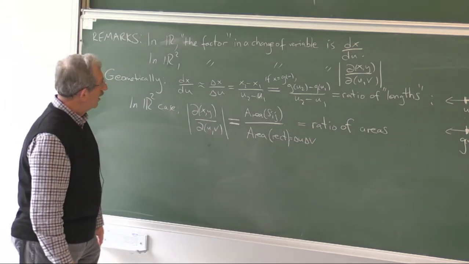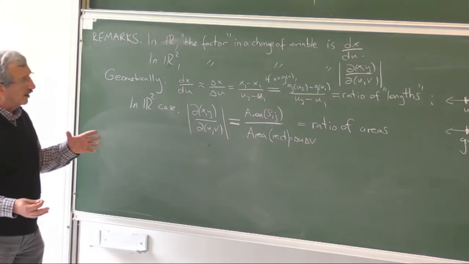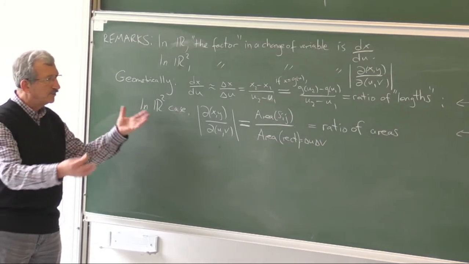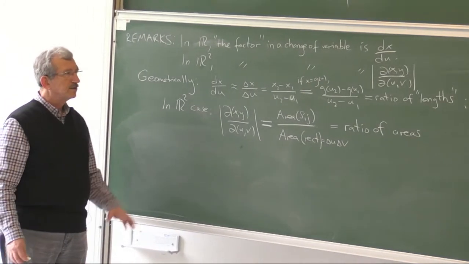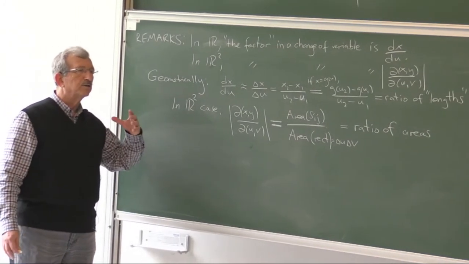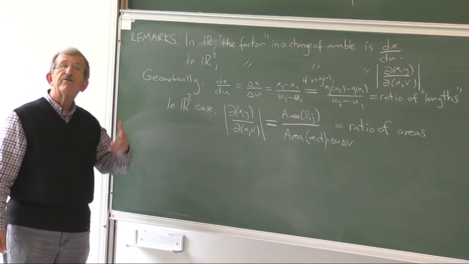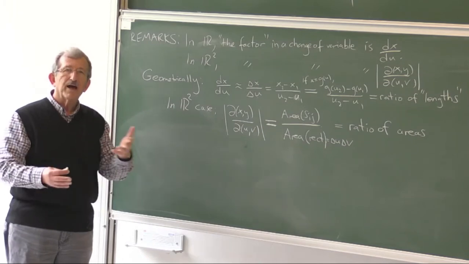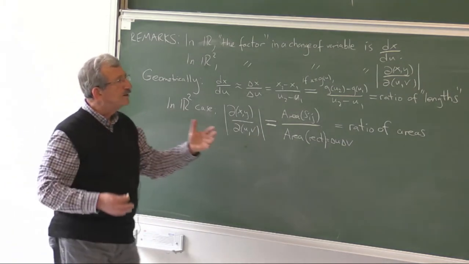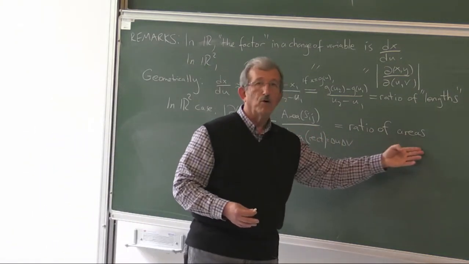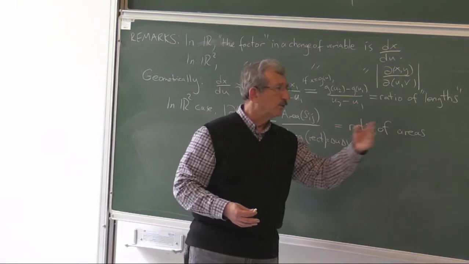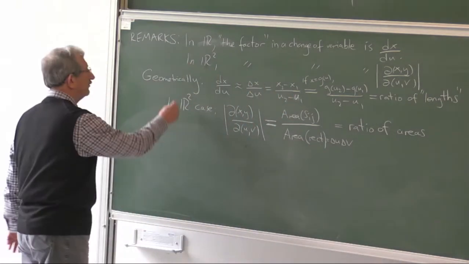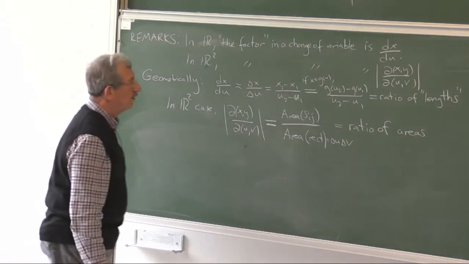Of course, you can generalize from here. We did not consider them yet, but if you wanted to make a change of variable in a 3-variable integral, they are called triple integrals, this would be a ratio of volumes, and so on. So this is the geometric meaning over there.